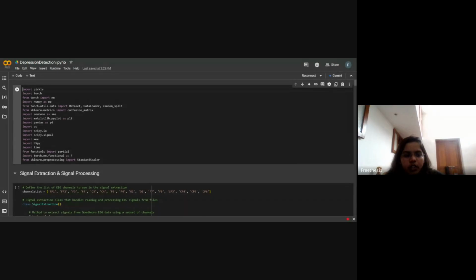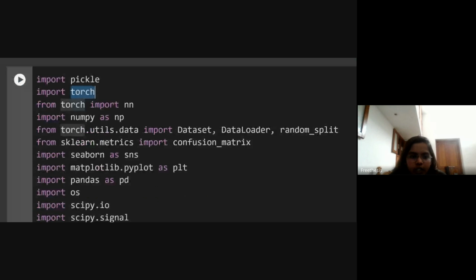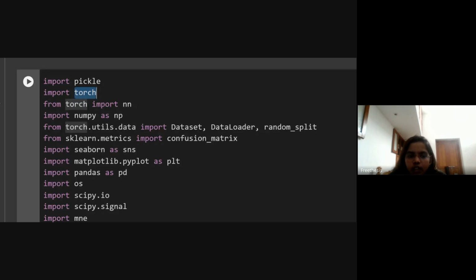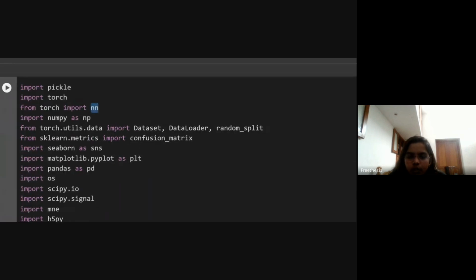Initially, we have to import the libraries that we are going to use in the project. Those are the Torch library, as I said, the PyTorch library that is used for feature extraction and other graph construction techniques. From the Torch library, we'll be using the neural network models, that is the GCN convolutional network and GRU networks.